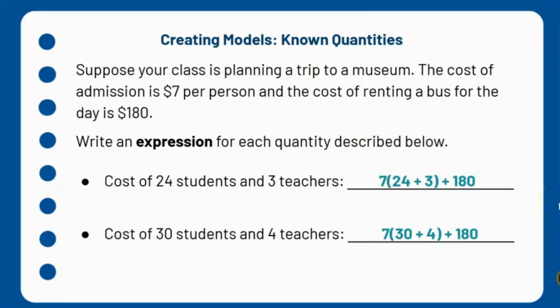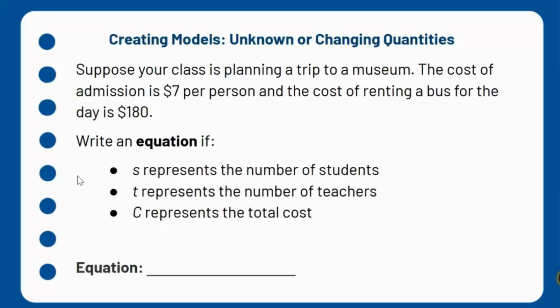Next, we're going to consider the same situation. However, some of the quantities are now unknown. Now we will create a model for unknown or changing quantities. This time we'll write an equation to model the quantities and constraints if S represents the number of students, T represents the total number of teachers, and C represents the total cost.